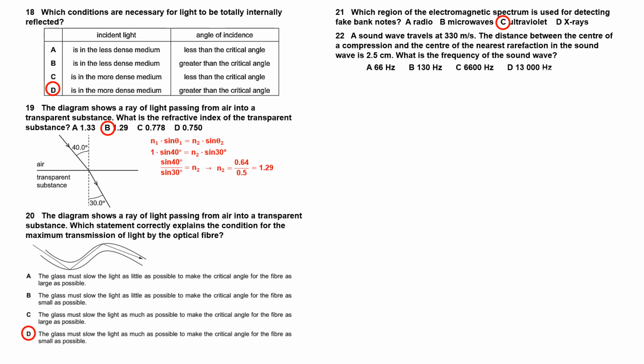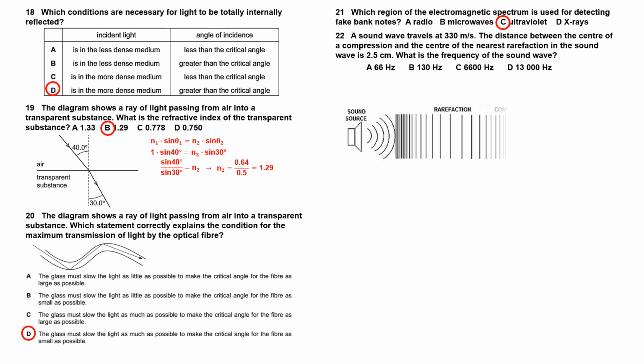Sound waves are classified as longitudinal waves, which means that the vibrations of the medium, such as air, occur in the same direction as the wave travels. In this type of wave, the particles of the medium oscillate back and forth, creating areas of compression, where particles are close together, and rarefaction, where particles are spread apart.